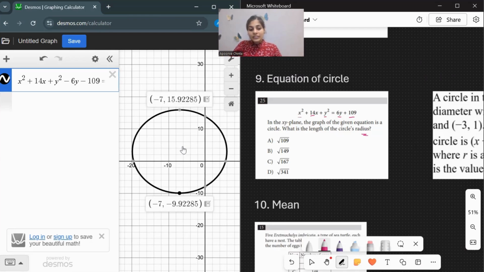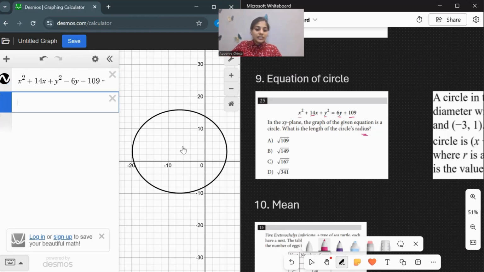Why are we using these two coordinates? Because this makes a straight line. This gives us that x is the same and the only change is in y. So we can find out the center, and also we can find out the radius.